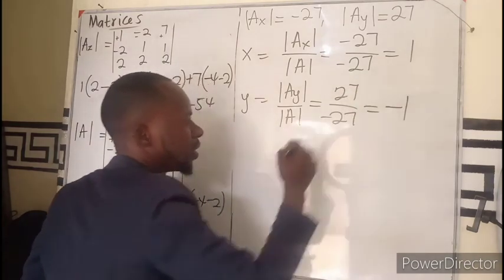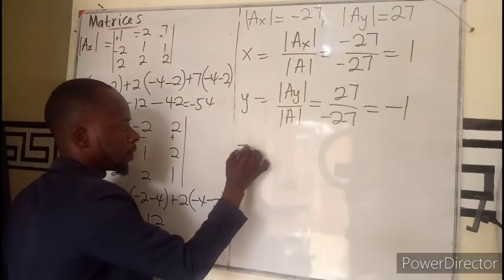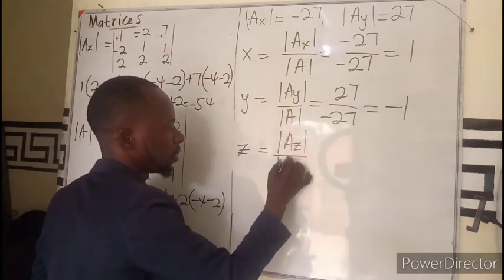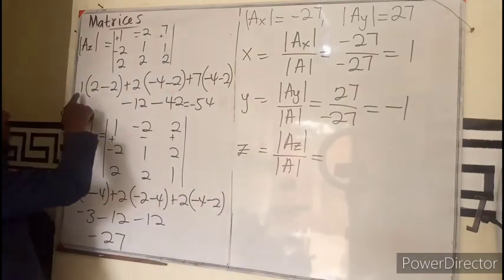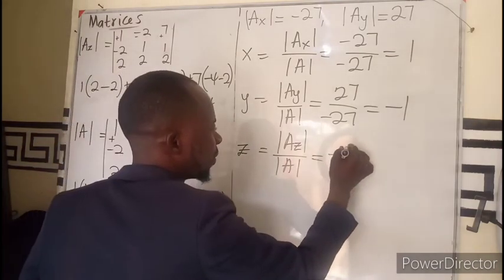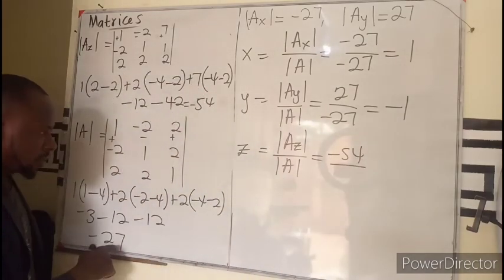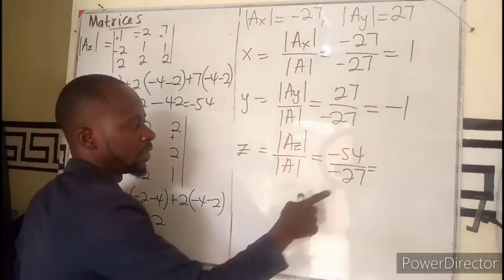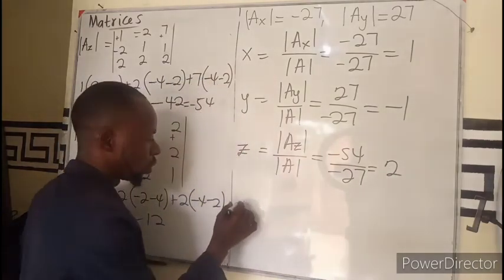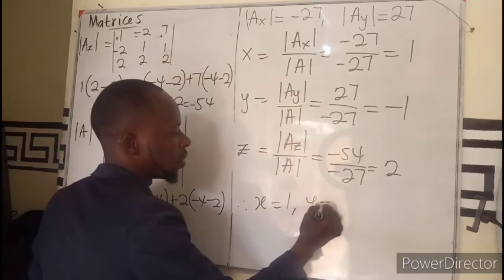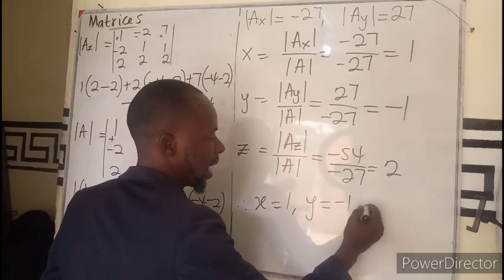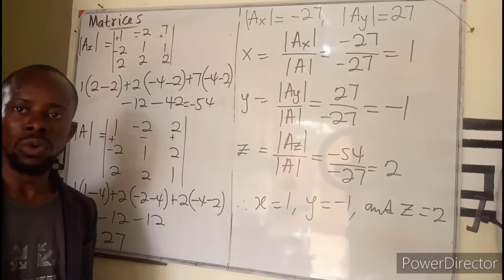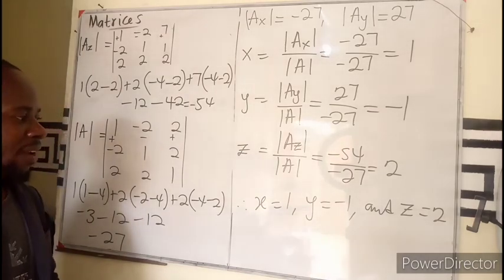So I have what? Minus 1. z is going to be the value of that, minus 54. I believe this will go here 2 times. So we have what? 2. Therefore, x is 1, y is minus 1, and z equals 2 as our final answer.